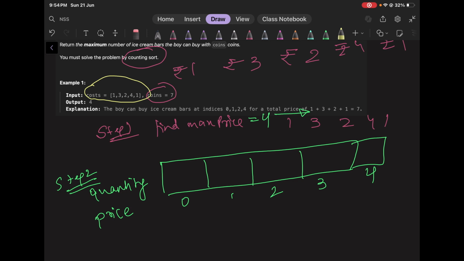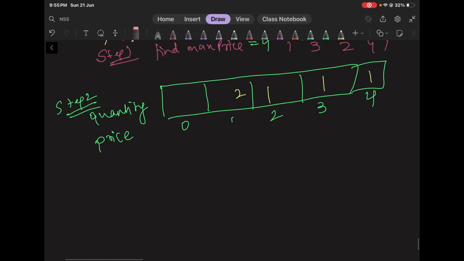My first ice cream costs 1 rupee, then my second ice cream costs 2 rupees, followed by my third ice cream that costs 2 rupees. Then comes my fourth ice cream that costs 4 rupees, and again I find an ice cream that costs 1 rupee. So this one is updated to 2. So this is my vector.